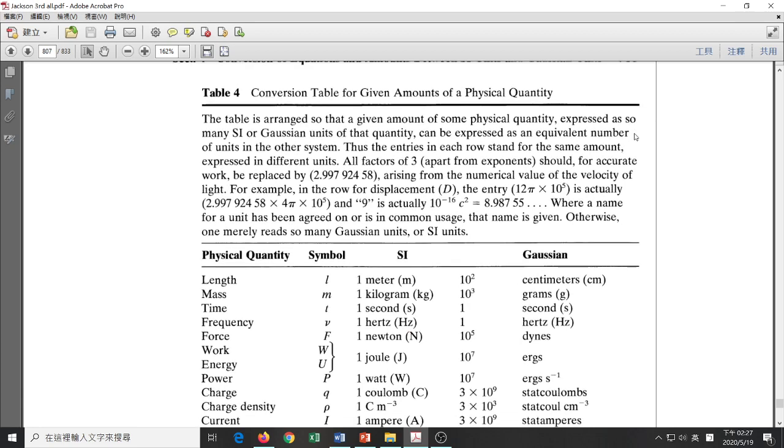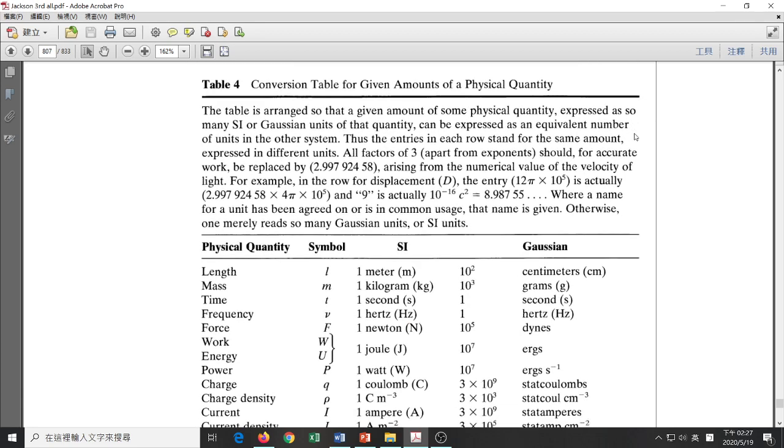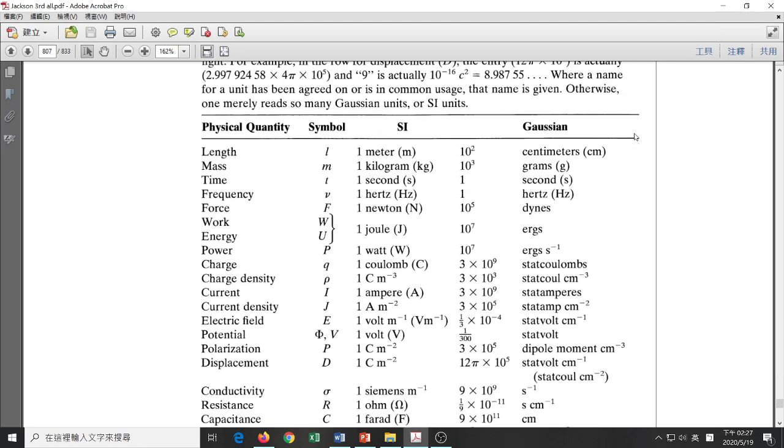For more, here is a conversion table for a given set of physical quantities. Length: the SI unit is the meter. 1 meter corresponds to 100 centimeters. Mass: 1 kilogram corresponds to 1,000 grams. 1 second, 1 second.